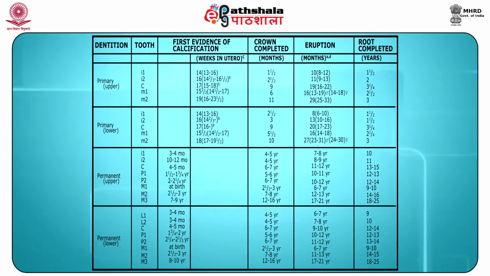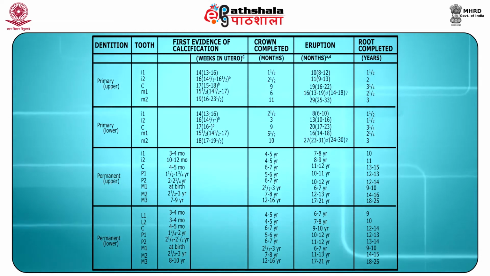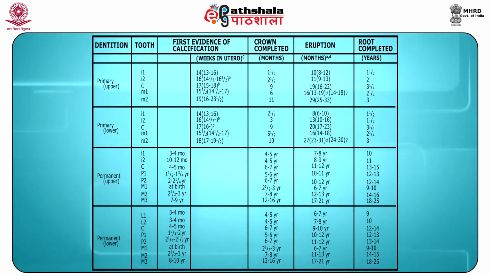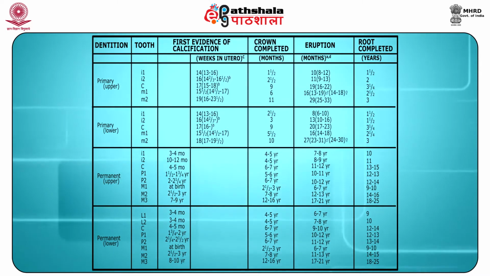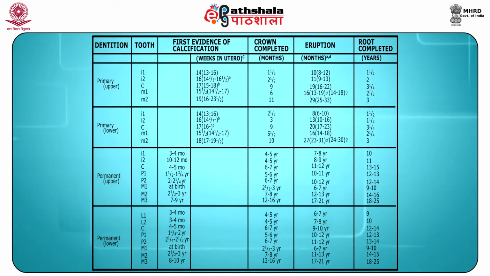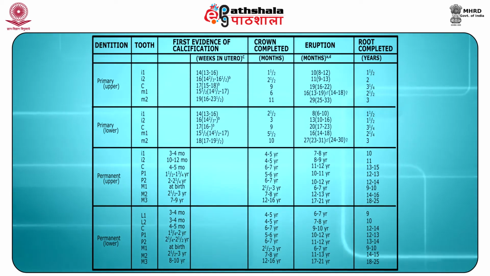Whereas the first incisor and the second incisor, the teeth are erupted completely at the age of 7 to 8 years and 8 to 9 years, and after 3 years their root formation is complete, that is 10 to 11 years. Almost.